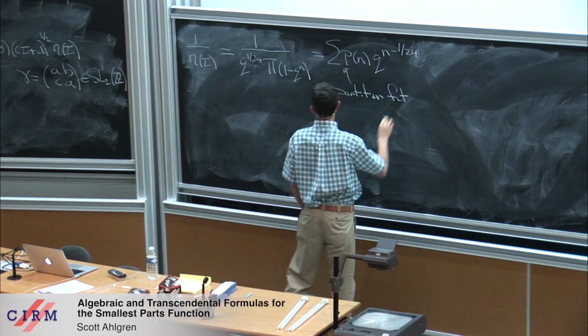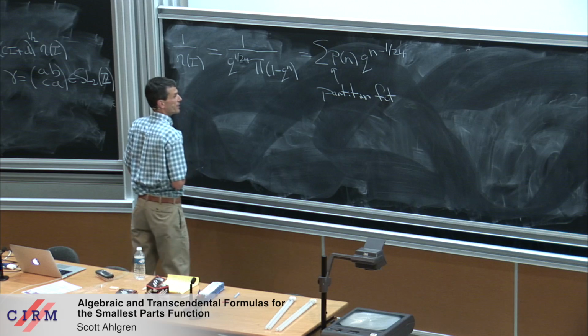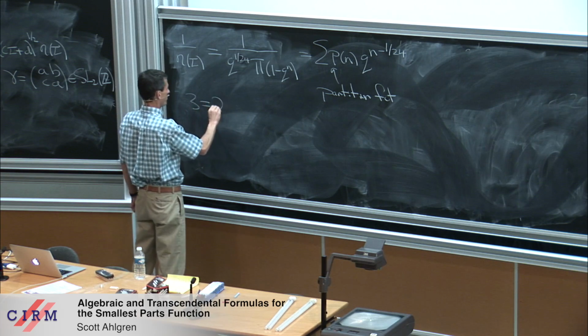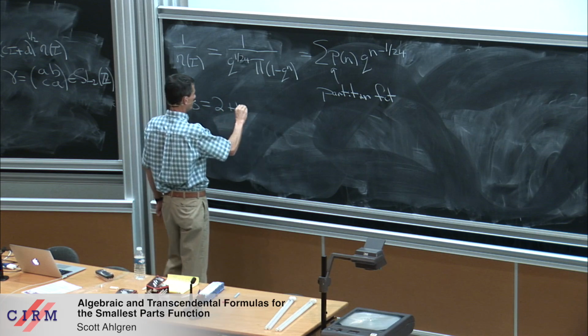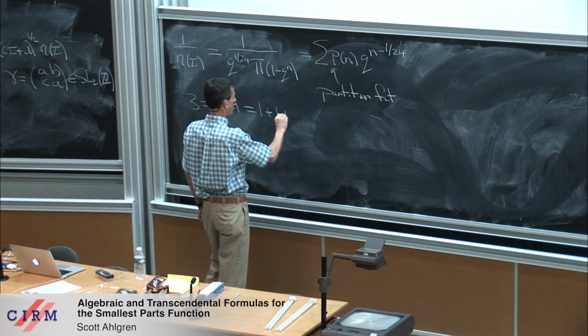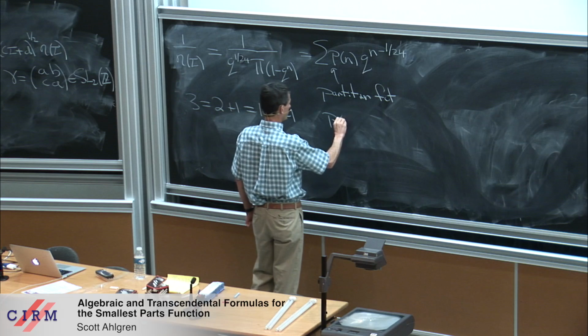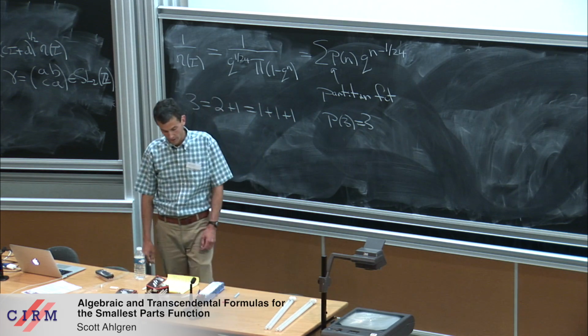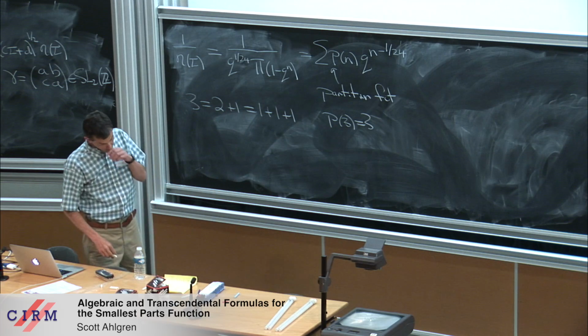In case you haven't run into this, here's a definition by example: 3 can be partitioned as 3, or 2 plus 1, or 1 plus 1 plus 1, so p of 3 equals 3. These are very well-known things.